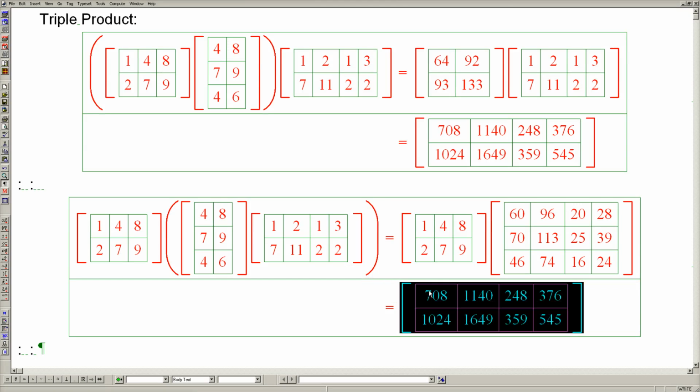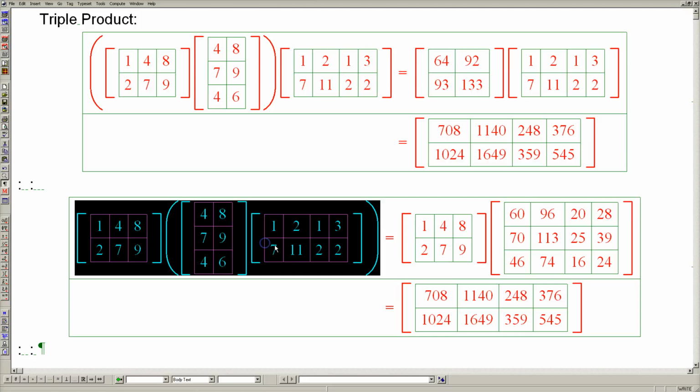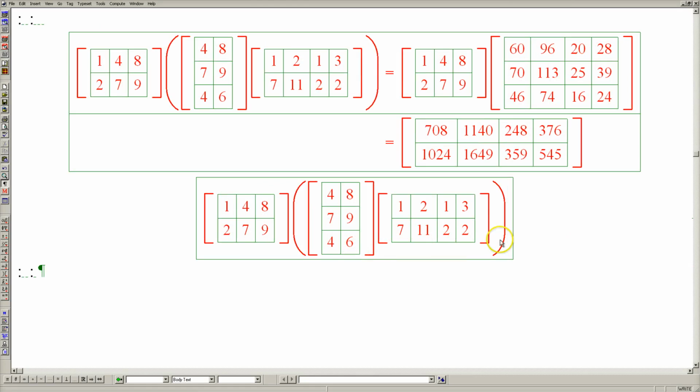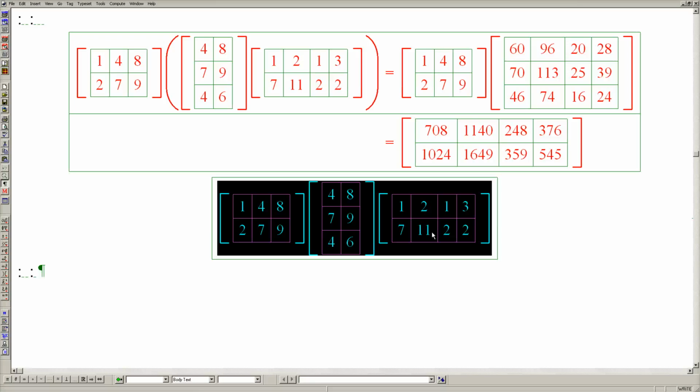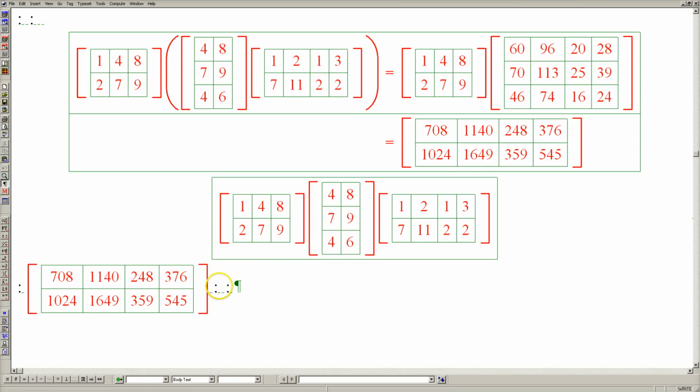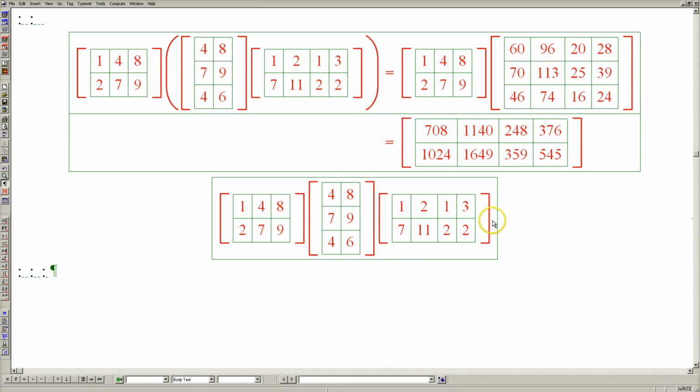That's associativity. And because we have the associative property, we can write the triple product without any parentheses, and the system will evaluate this triple product in any way it chooses. It will probably choose the way that results in the fewer number of operations, the result being the same 2 by 4 matrix.